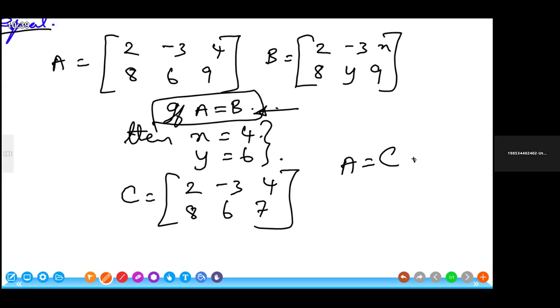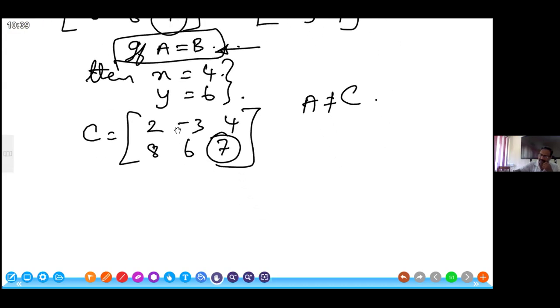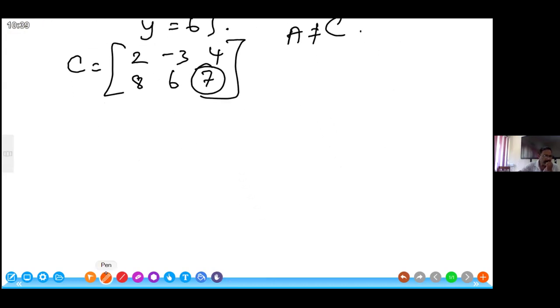No. No, because you see here, these two elements are not the same. Even though the size is the same, the last element is not the same. So A is not equal to C. Right? A is not equal to C.